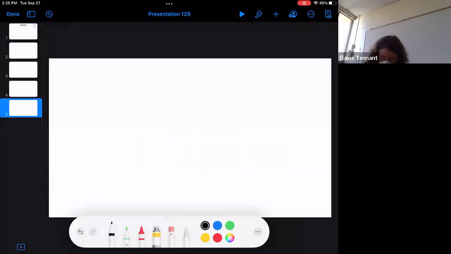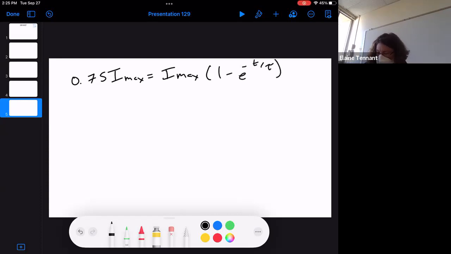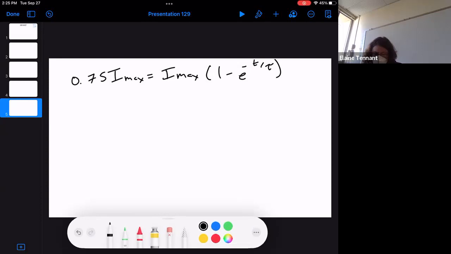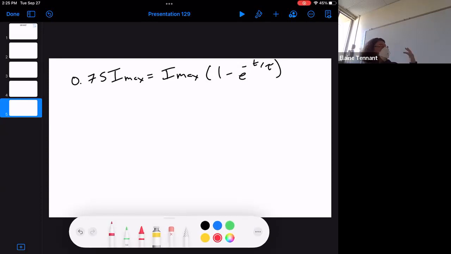So initially we're just going to solve an equation because we know how to do that. Imax times 1 minus e to the negative t over tau. The Imaxes, what can I do with the Imaxes?